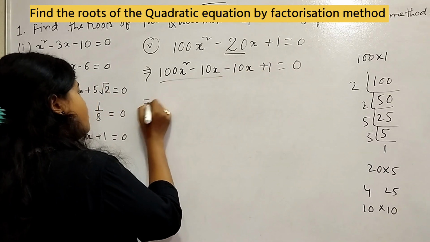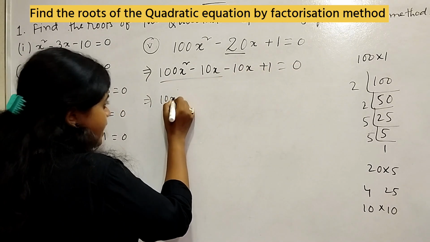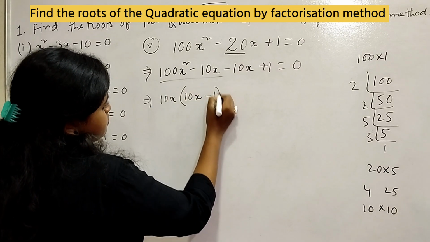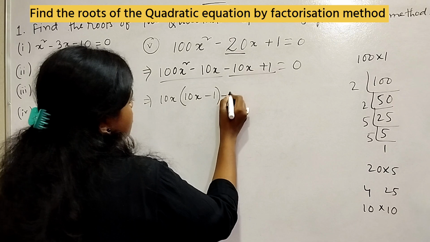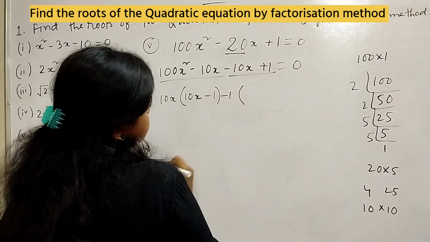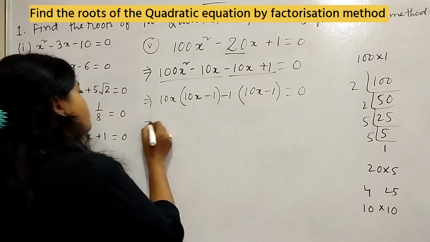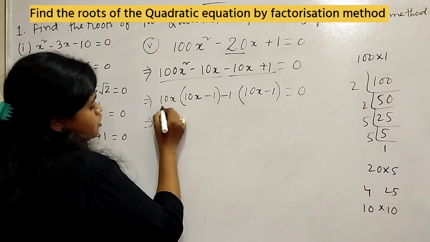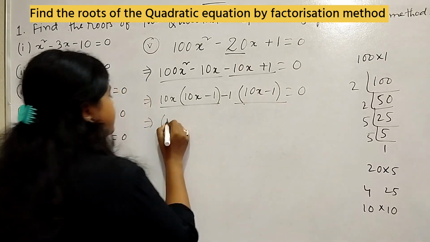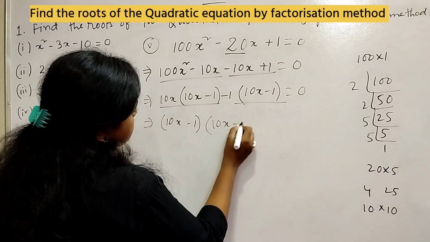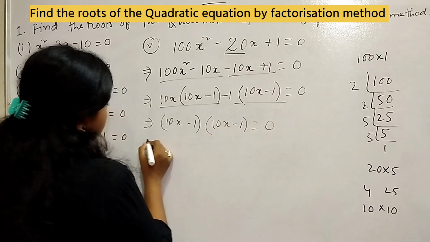From the first two terms we can take 10x as common, and this becomes 10x minus 1, and from the other two terms we can take 1 as common, so 10x minus 1 equals to 0. So from these two terms we can take 10x minus 1 common, and 10x minus 1 equals to 0.